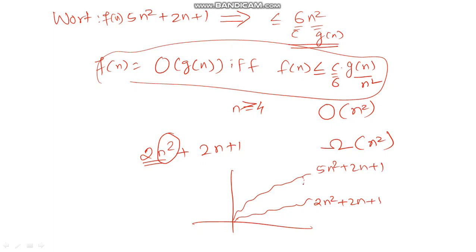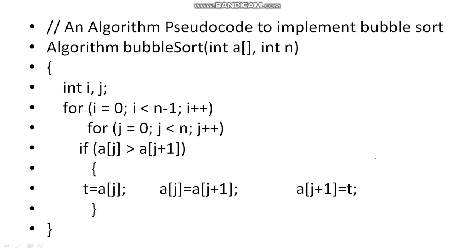Any other input for this particular bubble sort will require time in between these two only. Let us move ahead and let us try to discuss the algorithm.